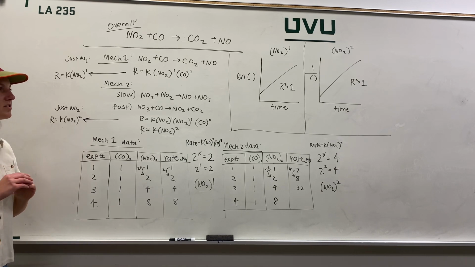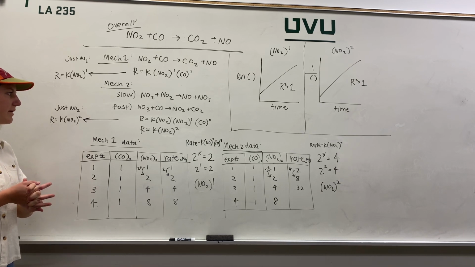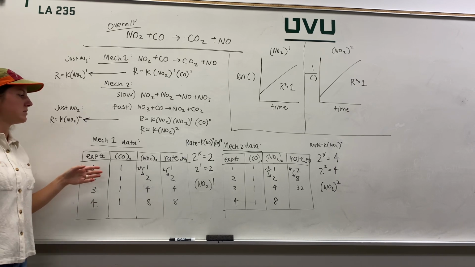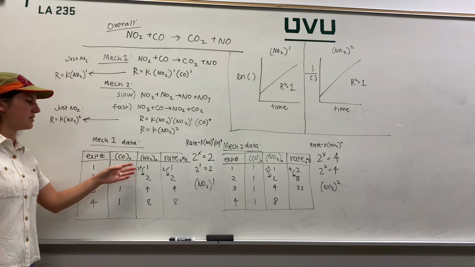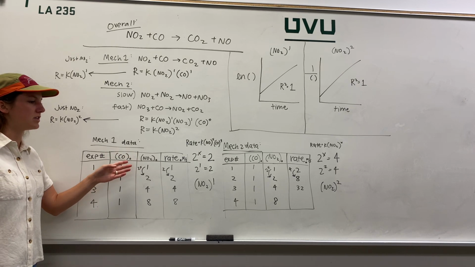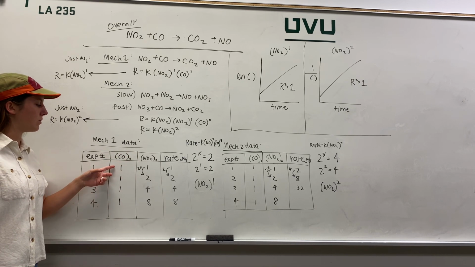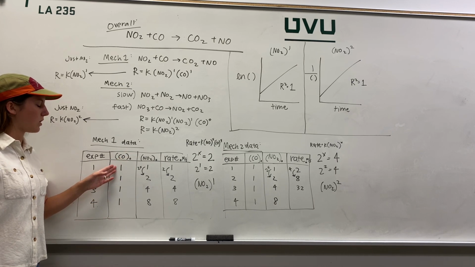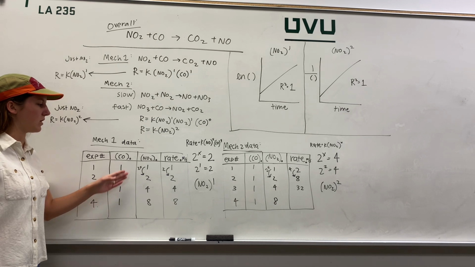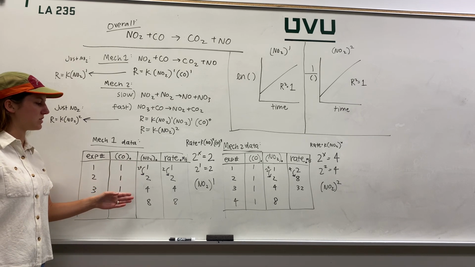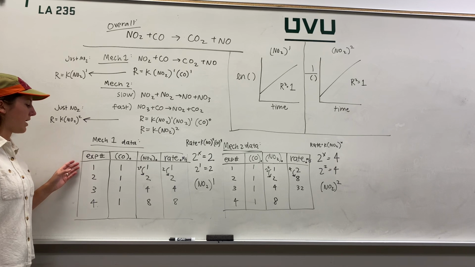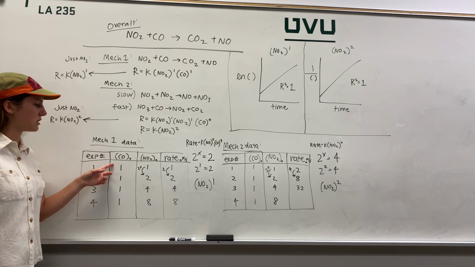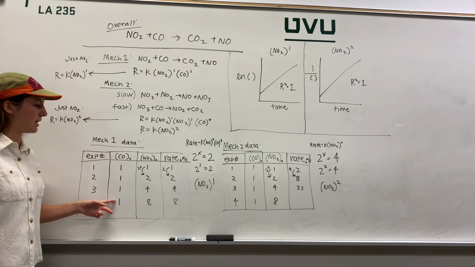If you collected data and it ended up being mechanism 1, you'd have to isolate the nitrogen dioxide and see how it changes over time. To look at that, you'd have to keep the concentration of carbon monoxide the same. So we would have a few different experiments where you would keep the initial concentration of carbon monoxide the same each time.